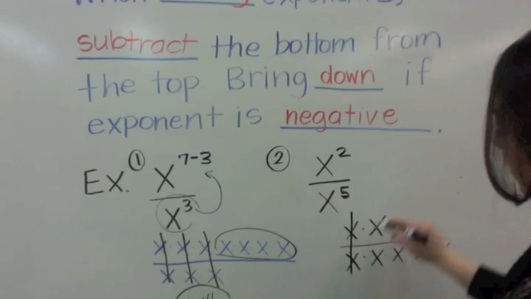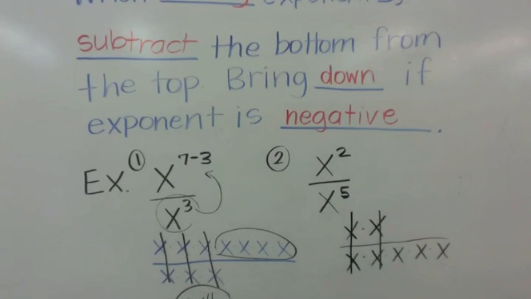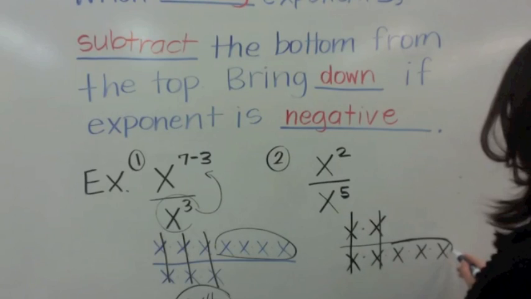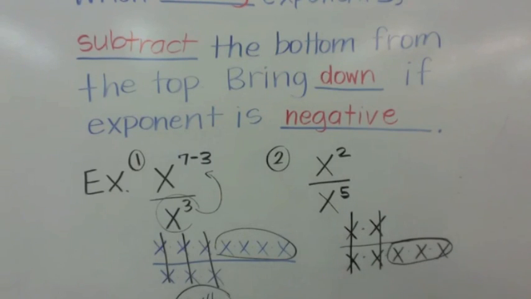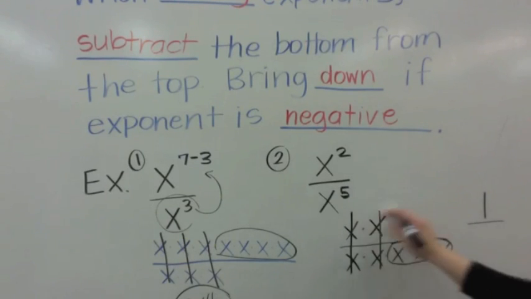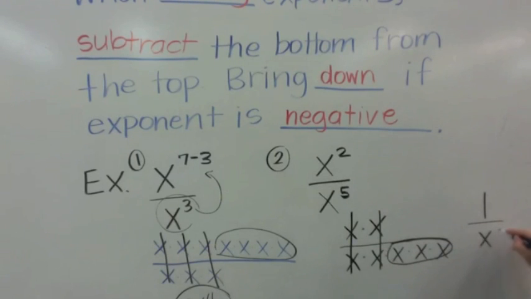So this is 1 and 1, because x divided by x is 1. How many x's are you left with at the bottom now? You're left with x to the power of 3. If you expand it, it's already in the answer form that you want, which is 1 at the top, because there's nothing at the top, over x to the power of 3.